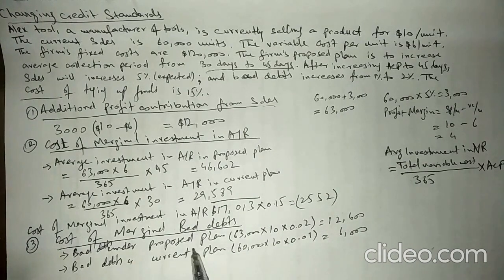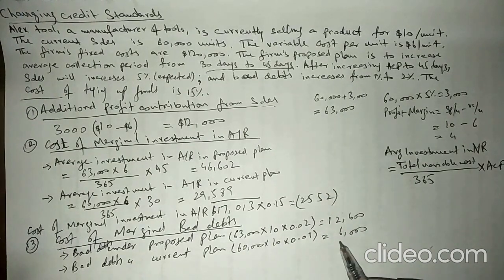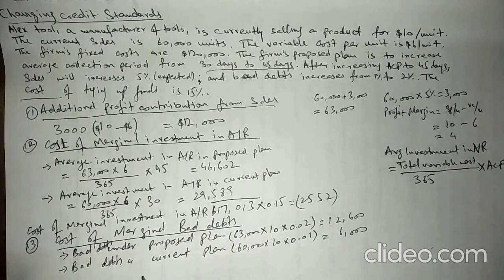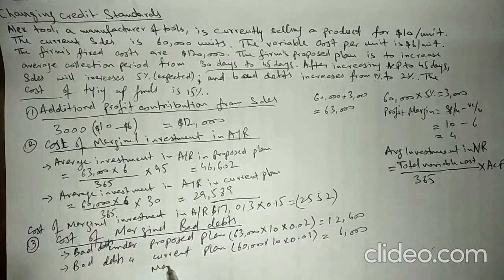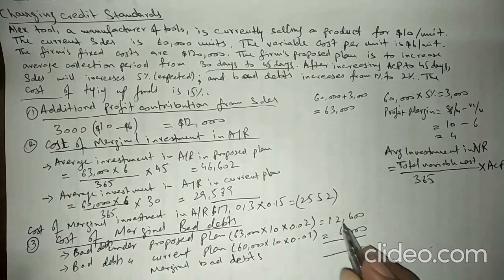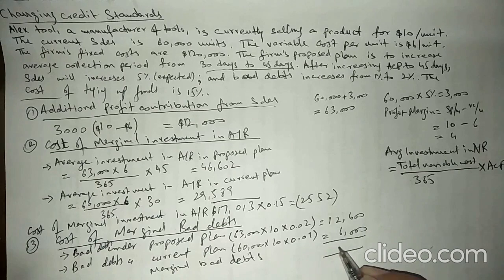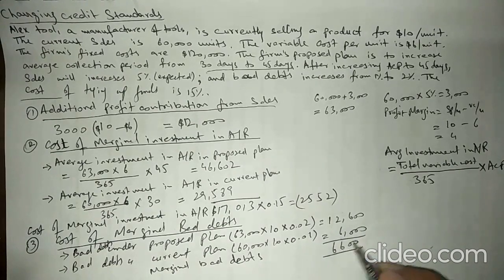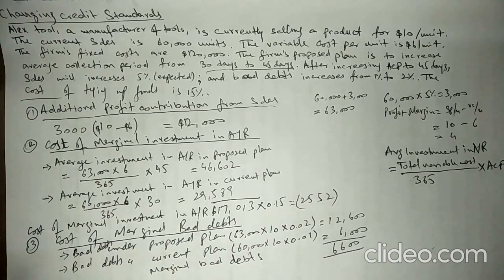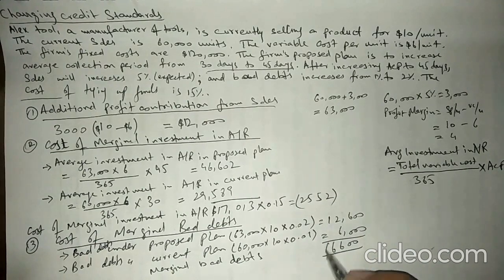So if we go for a proposed plan, we will bear marginal bad debts. Marginal bad debts mean if we go for a new plan, we will bear 12,600. In current plan, the bad debts are 6,000, and the difference of both these, 12,600 minus 6,000, is equal to 6,600. So it means that if we go for a proposed plan, we will bear additional cost of 6,600 against the bad debt.